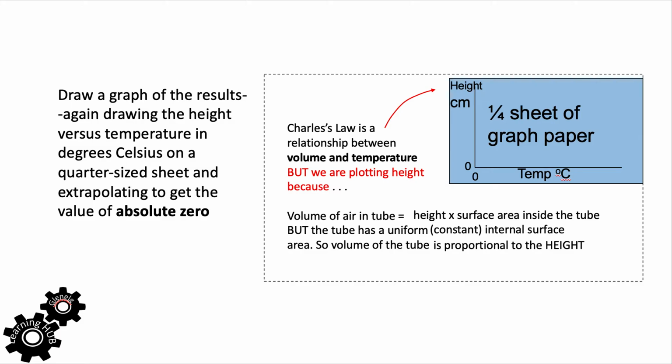So we can use the height because height times surface area in the tube equals volume, but the tube has a uniform internal surface area, so the volume of the tube itself is proportional to the height. So you can plot the height measurements against temperature in Celsius, and again extend the graph. You might need to add graph paper to the left and a bit of sticky tape to extend the graph, extrapolate it back to the left until it crosses the x-axis.